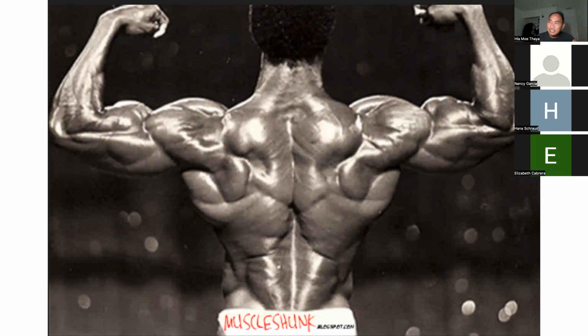So let's stay here with the back, and we can see the trapezius muscle here. In the lower back, we can see the latissimus dorsi, which is like a broad sheet of muscle, a large muscle in the back.